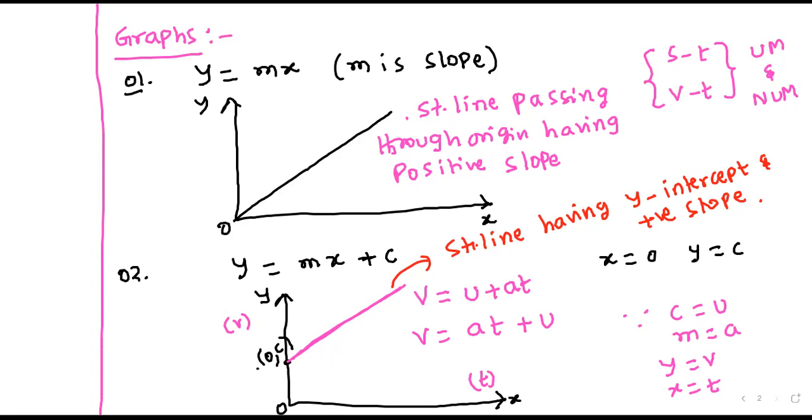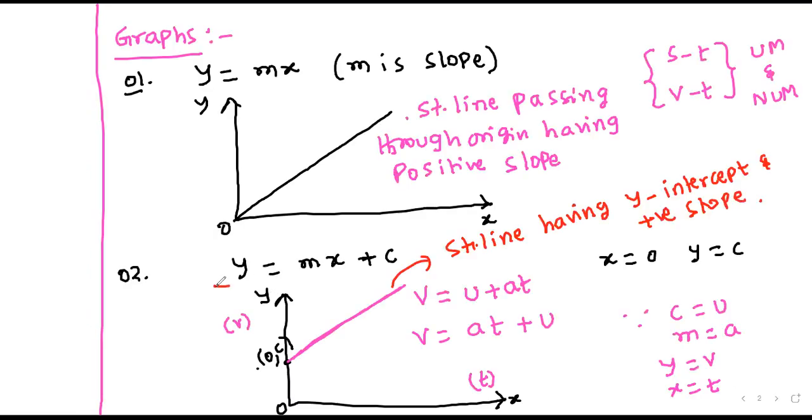In mathematics, I think in coordinate geometry, you might study the straight line right now. This is the equation of a straight line. We also have the equation of a straight line in another form, the intercept form, x by a plus y by b equal to 1.